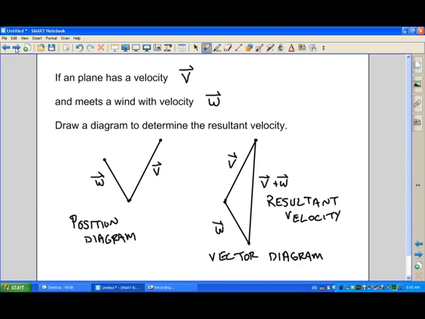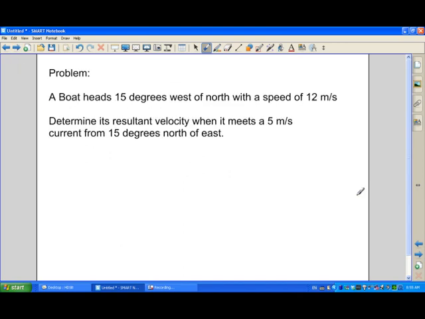So then let's apply this to a harder velocity problem. Here I have a boat that's heading 15 degrees west of north with a speed of 12 meters per second. We want to determine its resultant velocity when it meets a 5 meter per second current from 15 degrees north of east.